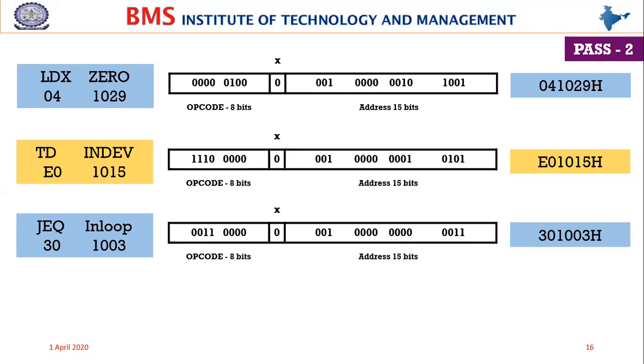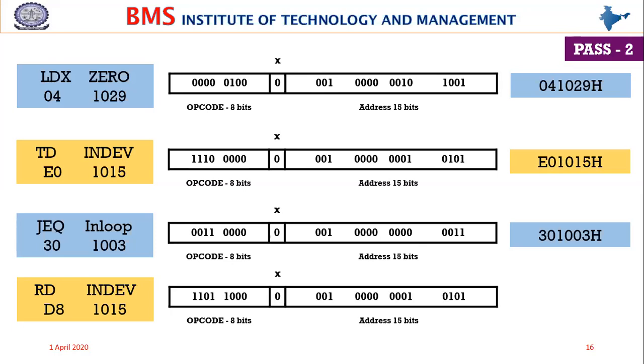PC relative, base relative, and even others need the computation of the target address, meaning the displacement and the target addresses. That will complicate the issue. But this is only a simple SIC assembler.